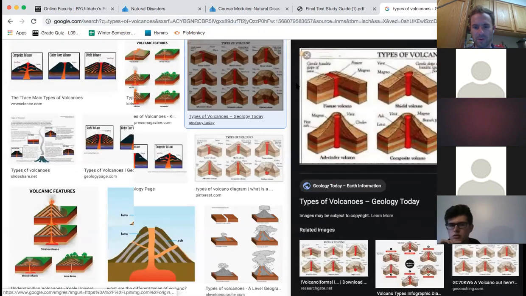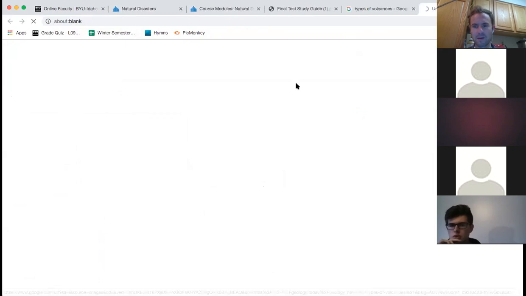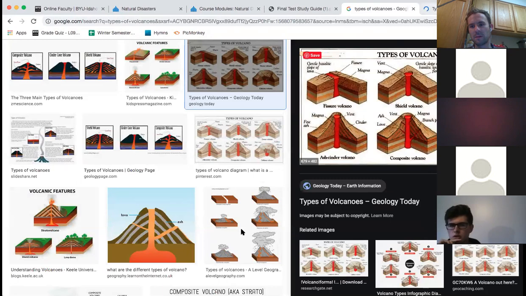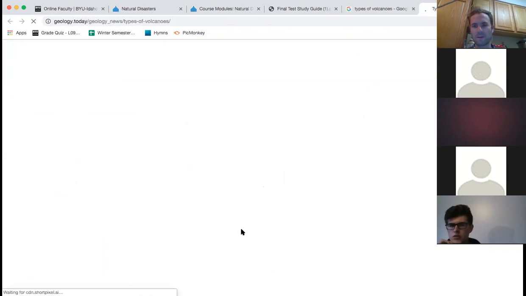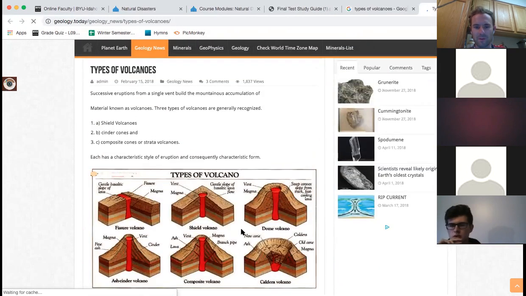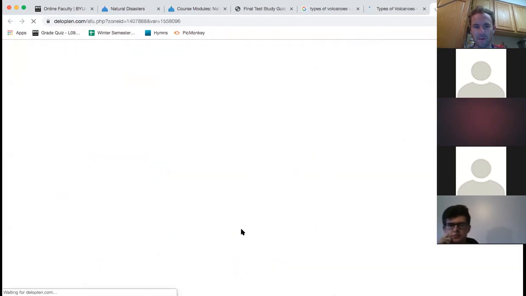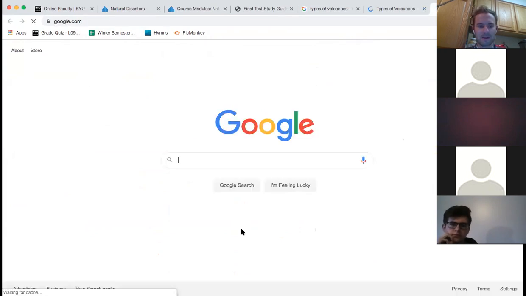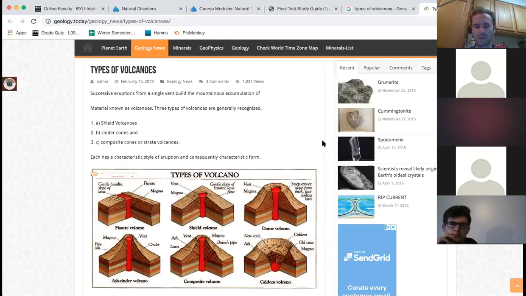So we've got this right here, types of volcanoes. See if this loads. Okay, we've got this beautiful figure right here. Hopefully we can get it big so it's easier to see. Nope, not gonna work. Okay, we're gonna do it this way.